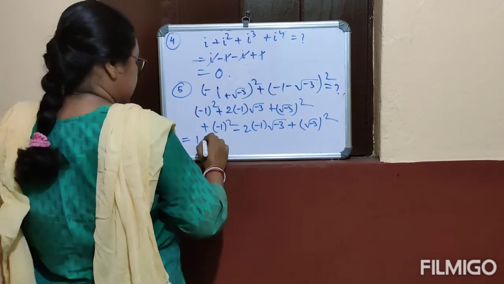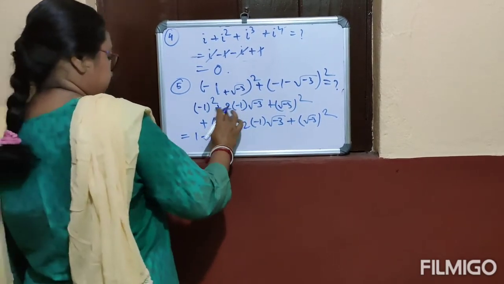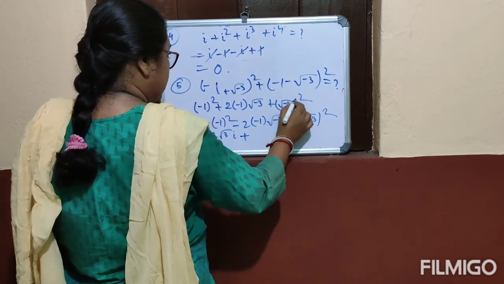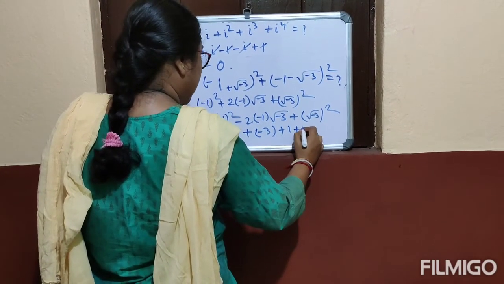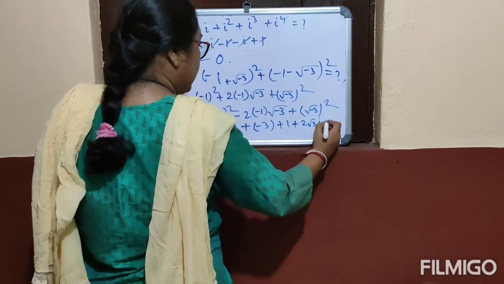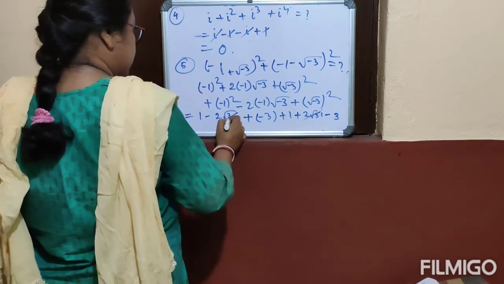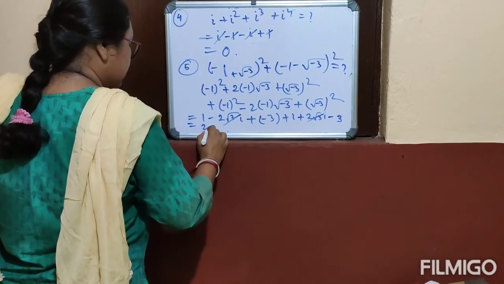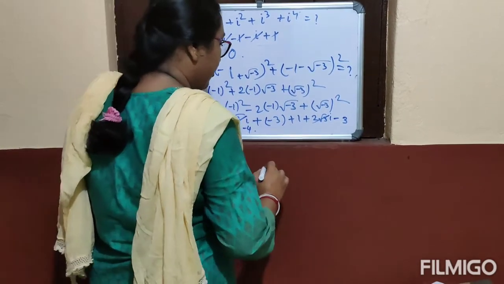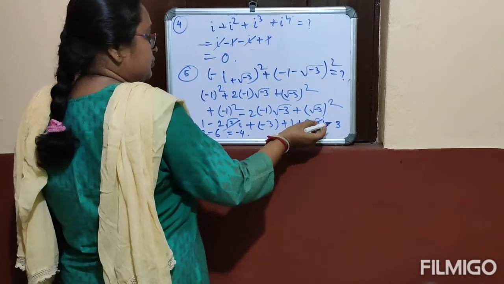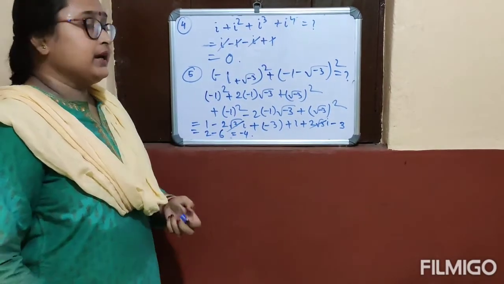Okay, so 1, and this is minus 2 into root 3 i, and here minus 3, plus 1 minus, plus 2 into root 3 i, and this is equal to minus 3, and this part is cancelled. 1 plus 1 is 2, minus 3 and minus 3 is minus 6. This is equal to minus 4. Minus root 3 square is equal to only minus 3. Okay, so minus 4 is my required answer.